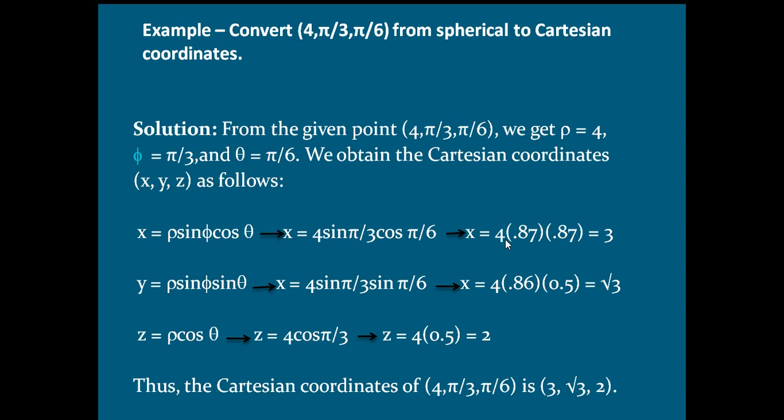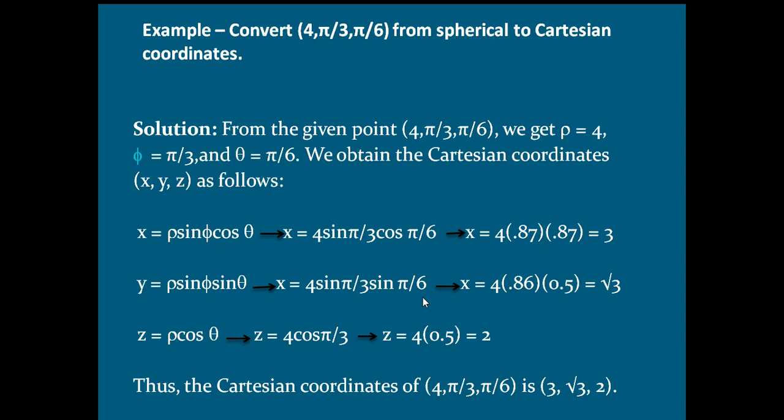I'm just substituting the numerical values of sine pi by 3 and cos pi by 6, which comes out to be 3. Similarly, y is equal to rho sine phi sine theta, which gives me 4 sine pi by 3 sine pi by 6.